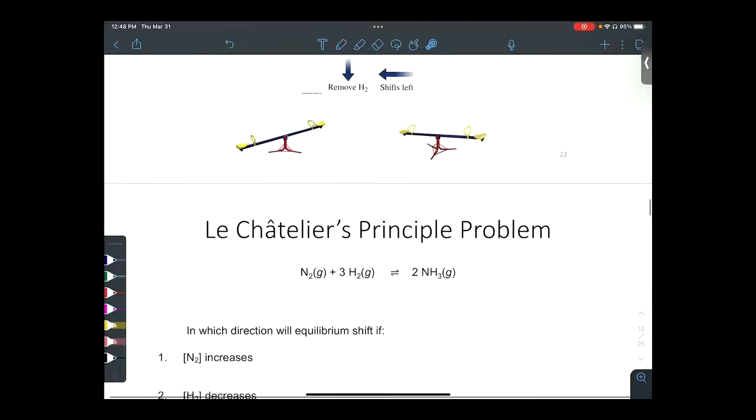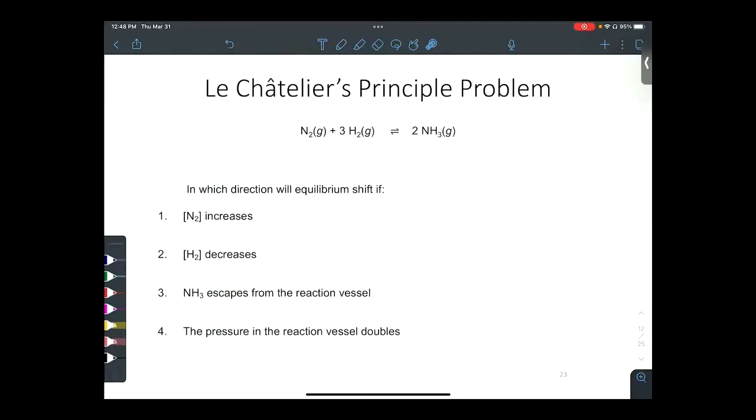All right, so let's do some more. Think about it. How we will answer these questions is to say, if we make these different changes, how will the reaction respond? Will it shift to the left or shift to the right? So let's say we increase the concentration of N2.